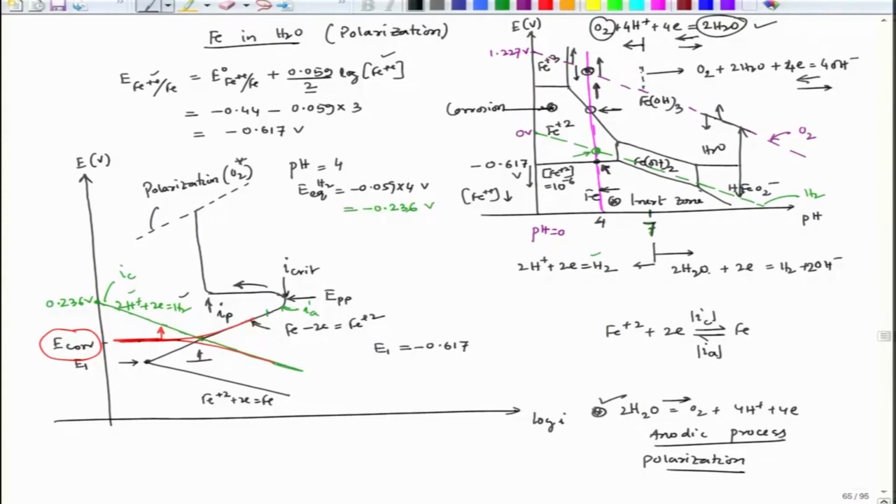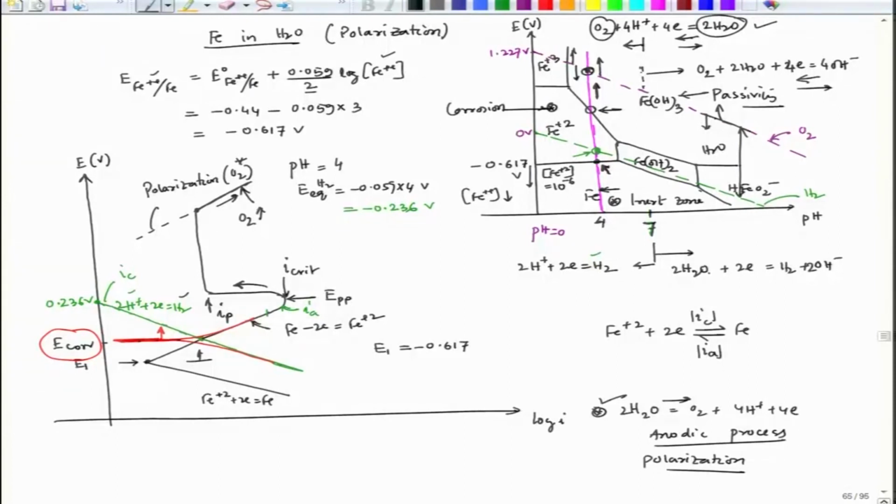So, beyond this point, though it is still in the passive zone, and we already know that this particular phase leads to passivity in the metal, the passive zone does not change, but we will see that the polarization plot takes a right turn, and here oxygen starts evolving.